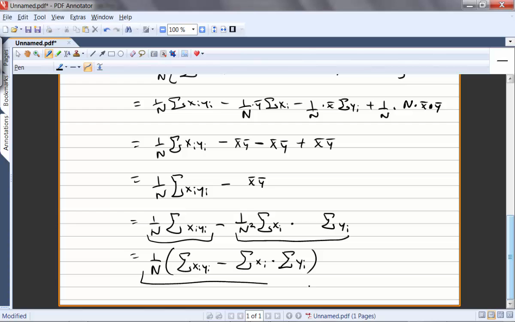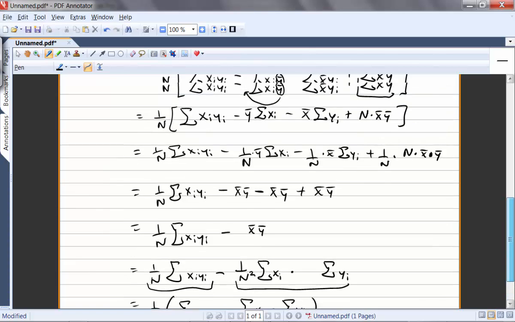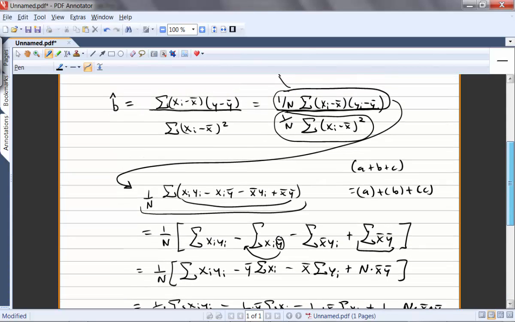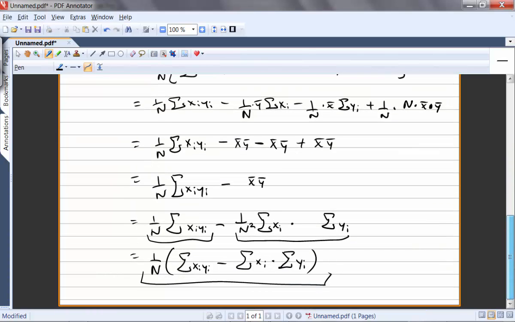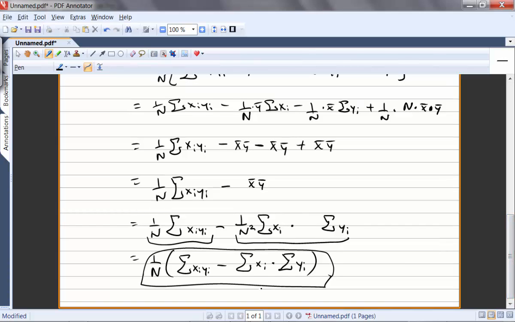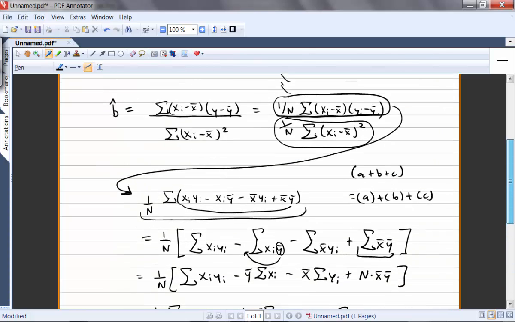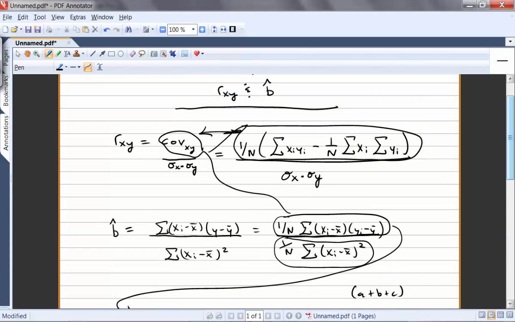So this is the numerator of beta hat, because we took it down here and we rewrote it and rewrote it until we got it to a form that looks like this. So this is the numerator of b hat. Look carefully at that. That's exactly the same thing as the numerator of r.